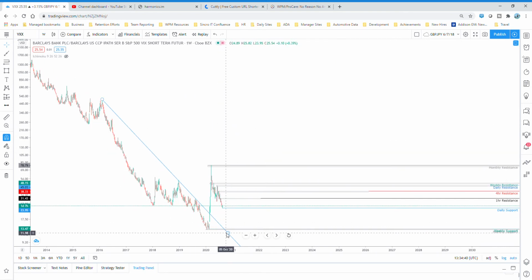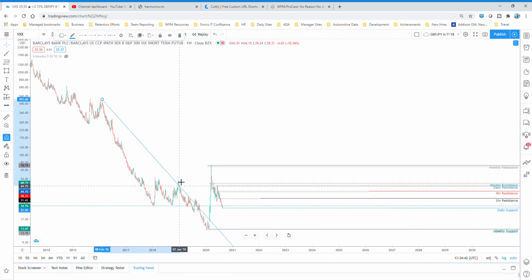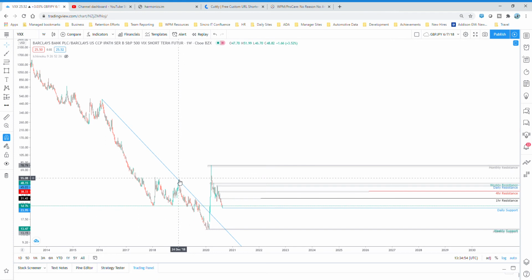Price respected the trend line all the way down. See if we can get it to stick. Kind of finicky today, right? So right here, price respected, and then it consolidated here, and then we got a break of the low, and then we got a strong bullish action here to break that trend line.